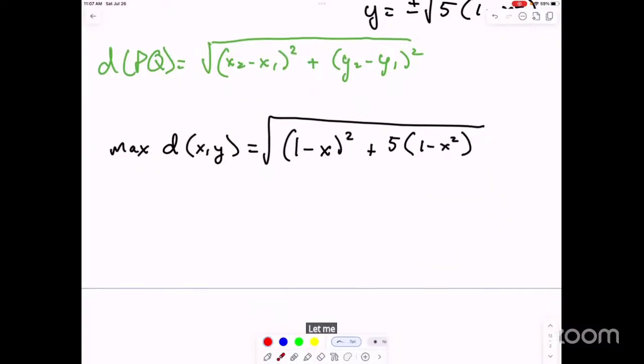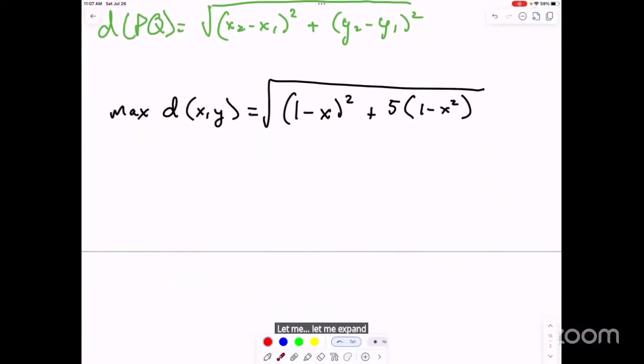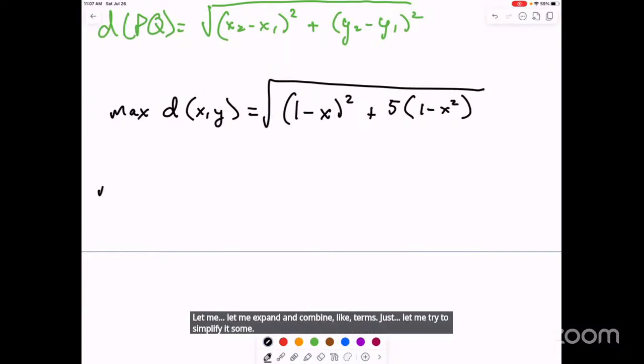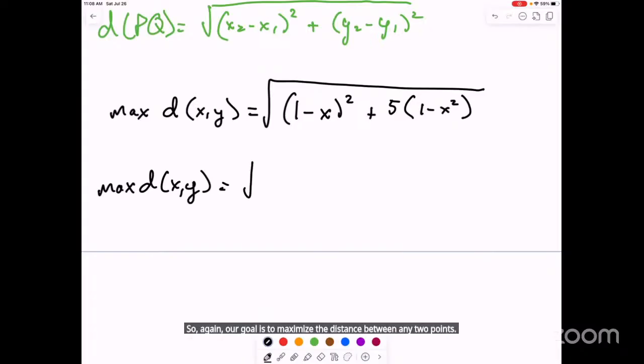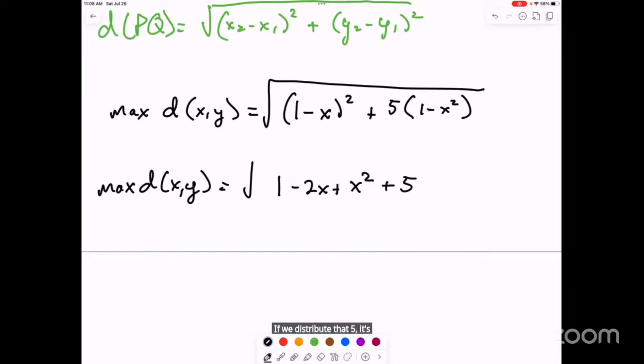Let me expand and combine like terms. Just let me try to simplify it some. So again, our goal is to maximize the distance between any 2 points. If we expand the first guy, 1 minus 2x plus x squared. If we distribute that 5, it's going to be 5 minus 5x squared.